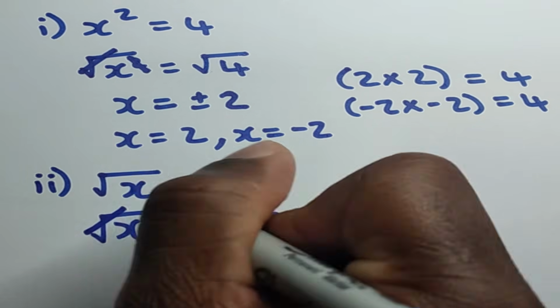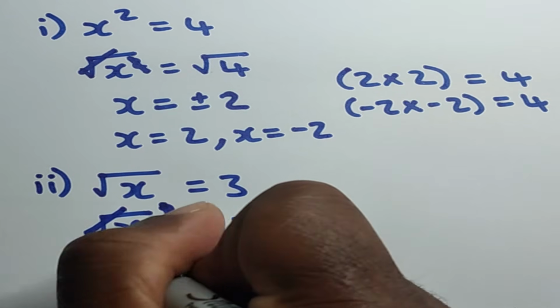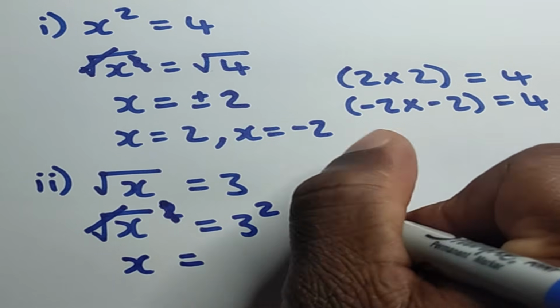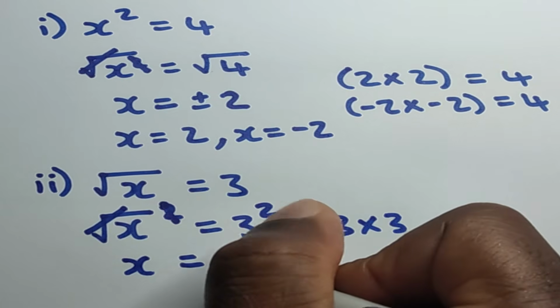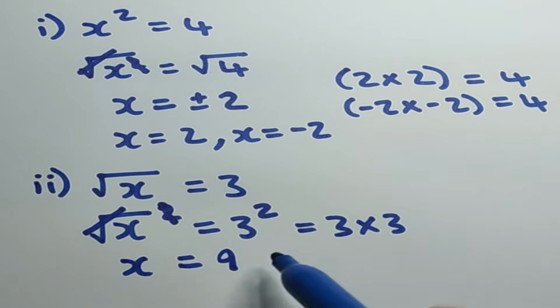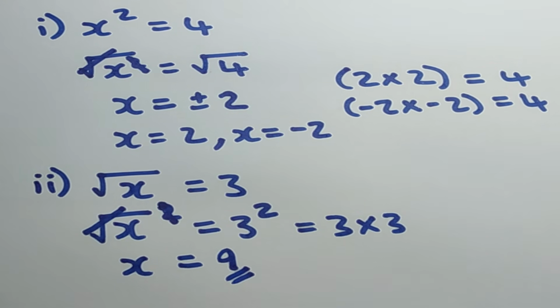And again, the square sign cancels out the square root sign, and we'll be left with x is equal to 3 squared, which is the same thing as 3 times 3, and that will give us a 9 right there. So my value for x in part 2 would have been x is equal to 9. All right, and that's pretty much how we deal with transposing equations.